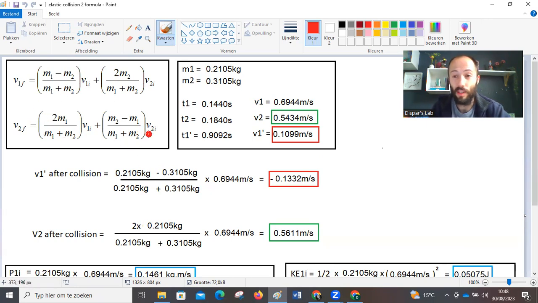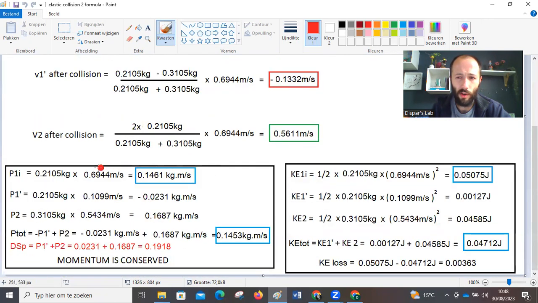So it must be really significant, must be a real coincidence for the third time that the predictions and the results are matching so well. Okay, so now let's check out the momenta.